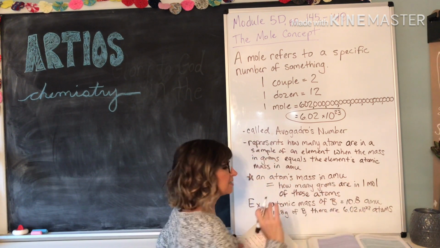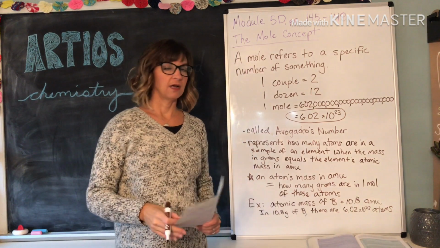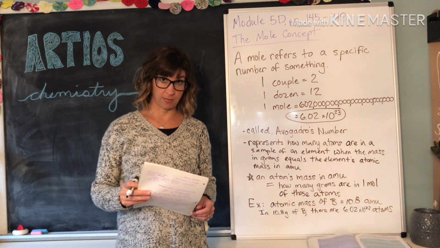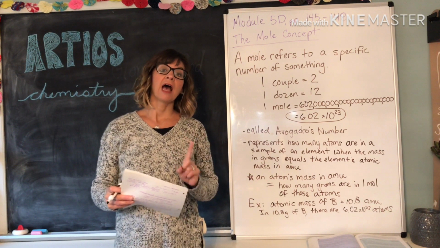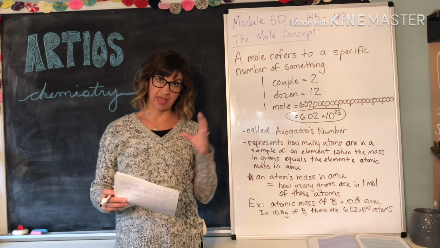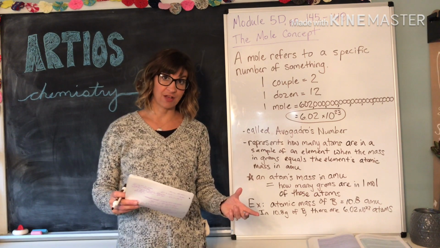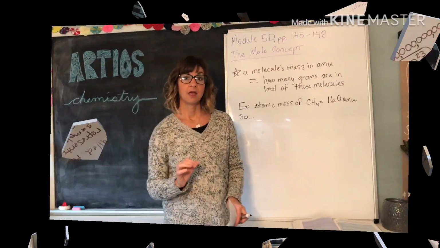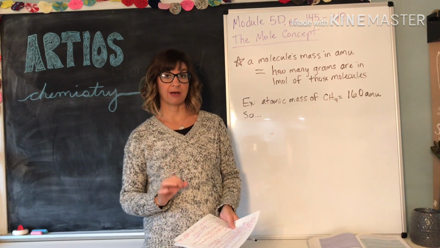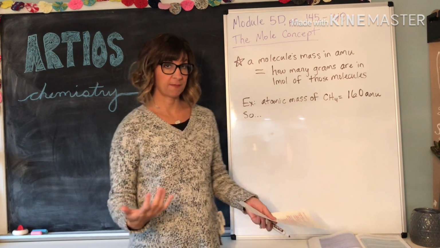Okay? So the atomic number that you see on the periodic table can tell you two things. It can tell you, one, how much one atom of that element weighs, or it can tell you how much a mole of that element weighs in grams. Okay, moles also can talk about how many molecules there are.